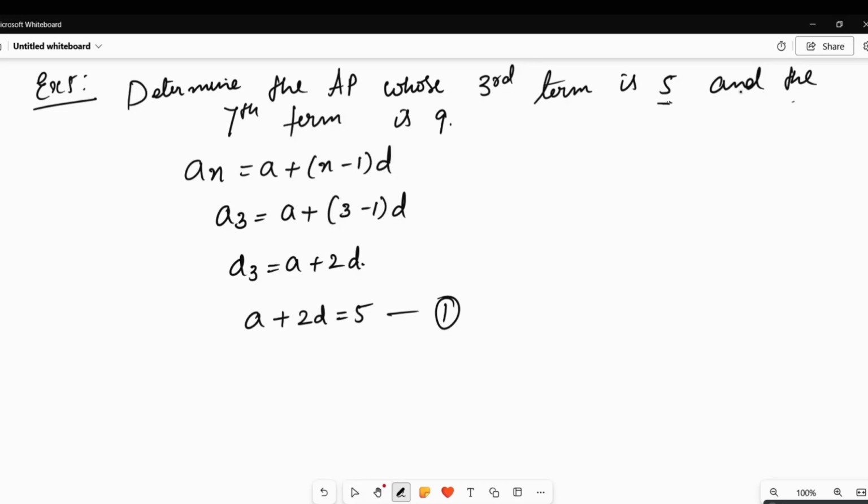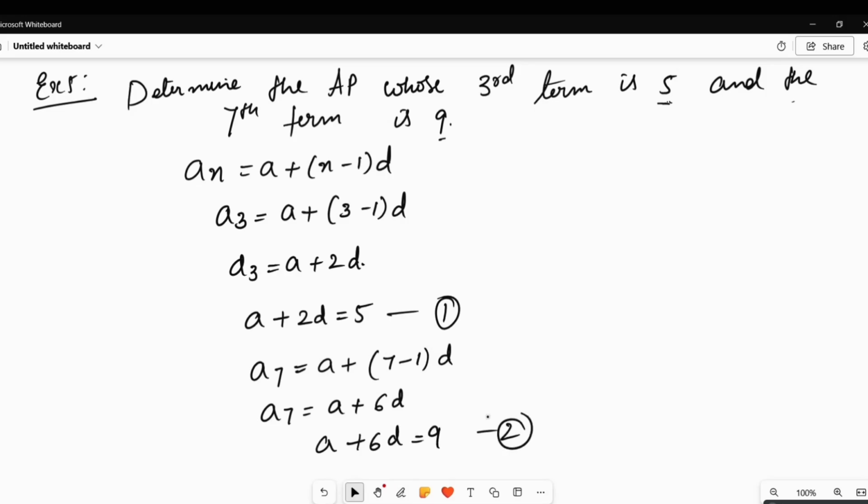Okay. Next. Seventh term is 9. So a7 is equal to a plus 7 minus 1 into d, or a7 is equal to a plus 6d. Correct? So a7 value he has given, it is 9. So a plus 6d is equal to 9. This is the second equation.